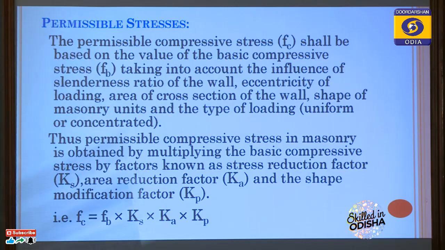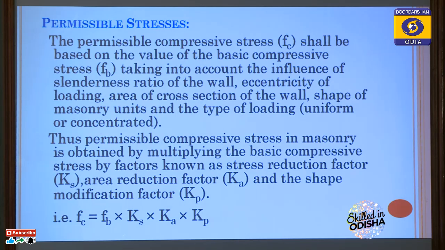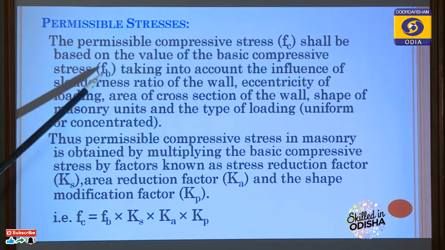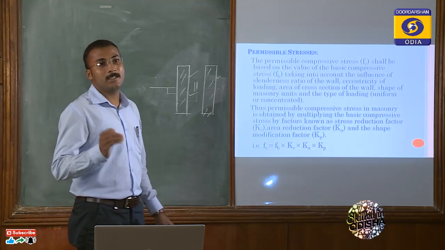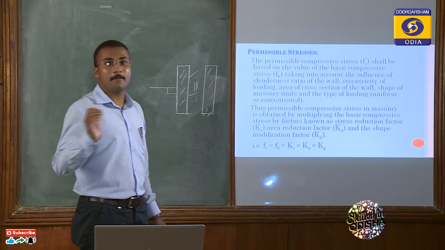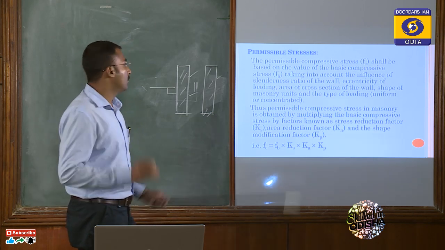So what are the permissible stresses for the design of masonry walls? The permissible stresses, that is permissible compressive stress Fc, and how to calculate it? The Fc is calculated based on the value of the basic compressive stress Fb, and Fb is the basic compressive stress of the masonry unit depending upon the masonry class and depending upon the mortar grade.